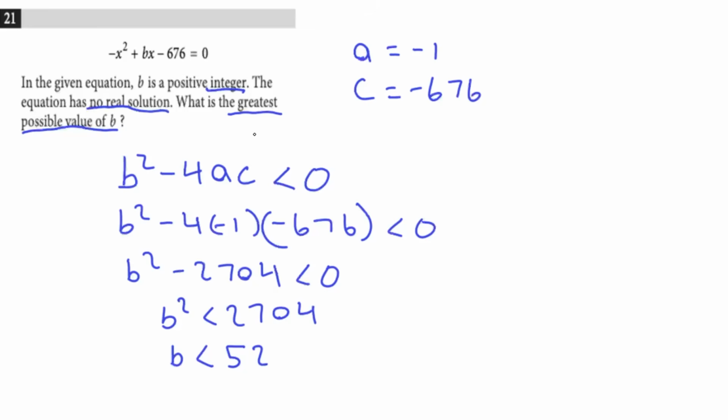They do this a lot on the SAT. They ask for the greatest possible integer. So remember, an integer is just a whole number with no decimal after it. So the biggest possible value b can be is going to be 51. I'll just go down 1, and 51 satisfies that inequality, and it's the greatest possible value. So there you go. That is our answer.